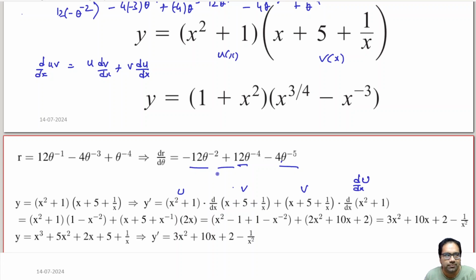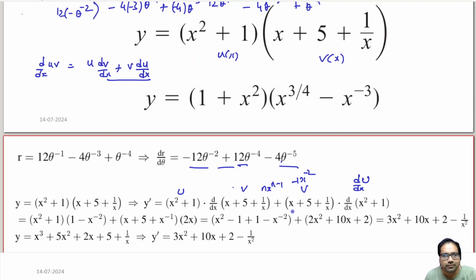Now what happens to this? x square plus 1, times d by dx of x, which is 1, plus d by dx of 5, which is 0 because 5 is a constant, plus d by dx of 1 by x, that is x power minus 1, whose derivative is minus x power minus 2, which is minus 1 by x square.